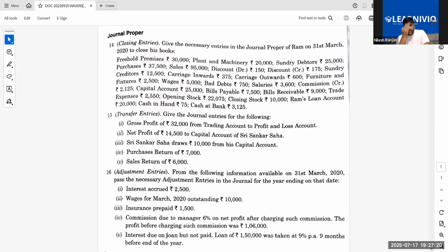So you have to solve question number 16 and tell me after you have completed it. If you have any doubt in understanding any part, you can ask again. So the first one would be interest accrued account to interest account. Yes.